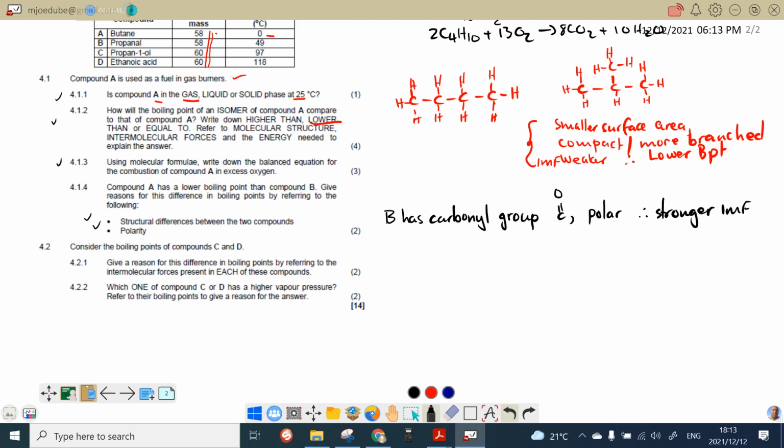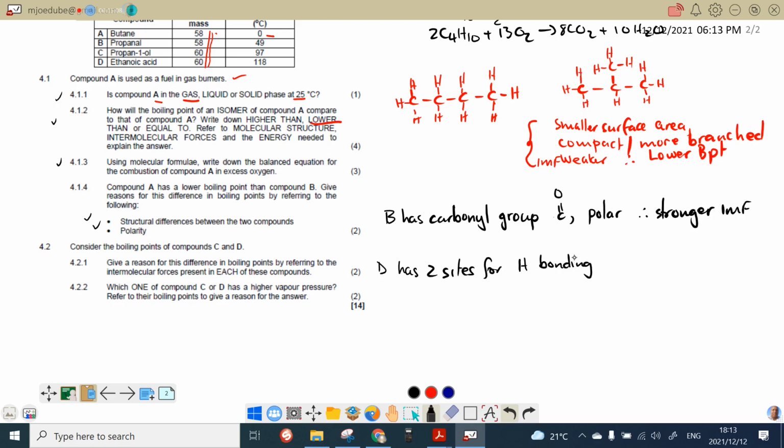oxygen double bond, and then an OH group as well. So what you need to know is that compound D has 2 sites for H bonding, which is your hydrogen bonding. So therefore the intermolecular forces will be stronger, right?